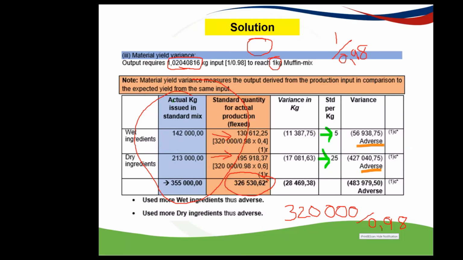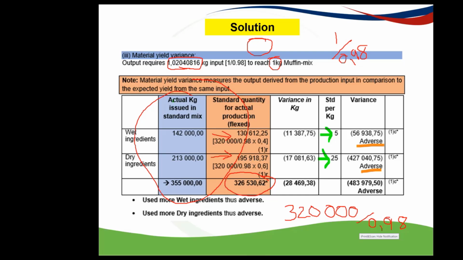Which is then 326,000. So like I explained to the previous student, I can't just put 320,000 in because I know there's some cake batter going to be stuck to my pan, for example. I need a little bit extra, and that is my 326.